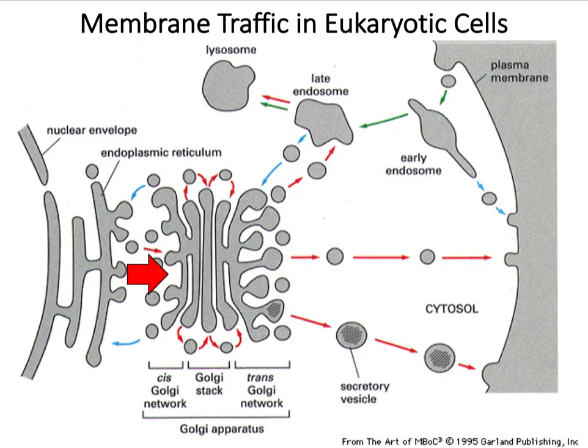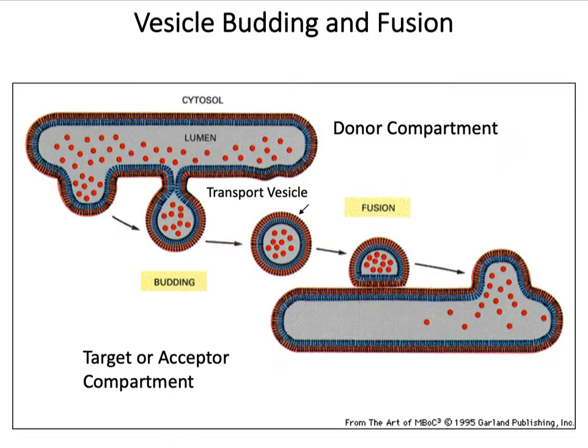So the next step for this protein is to move from the endoplasmic reticulum to the Golgi as shown here. How do these vesicles move from ER to the Golgi? All of these compartments along the secretory pathway communicate with each other through vesicle trafficking.